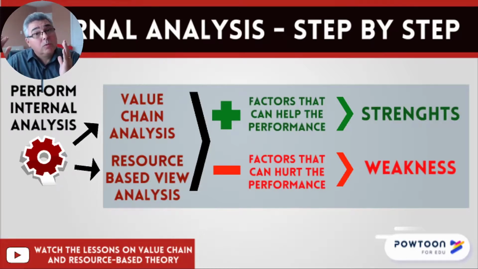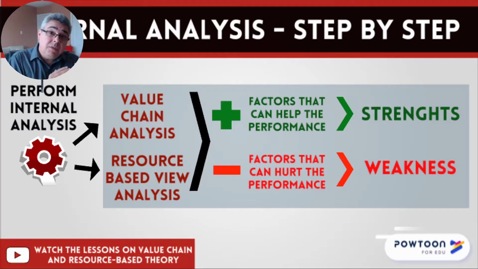Those resources and capabilities are helping the company performance, better than the competition, and we classify that as a strength. If you see some resources and capabilities in which the company performs worse than the competition, that's an indication that they are hurting the company, and we classify that as a weakness in the SWOT diagram.